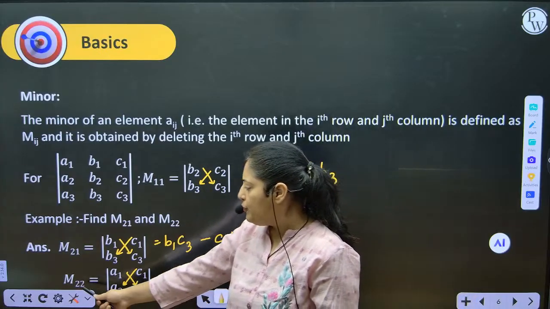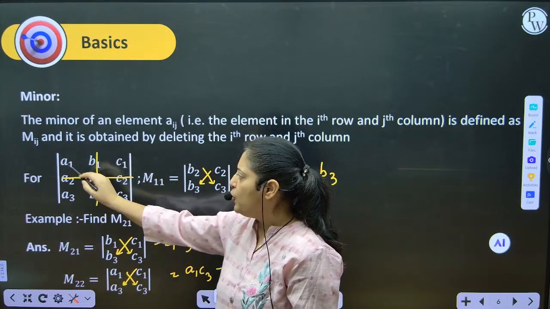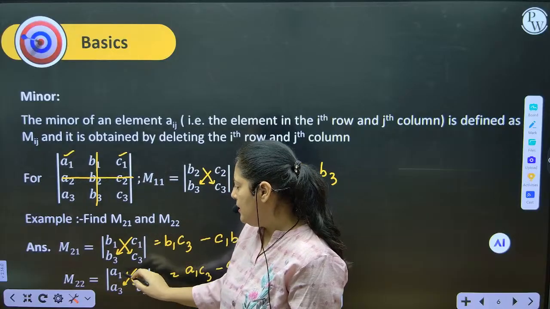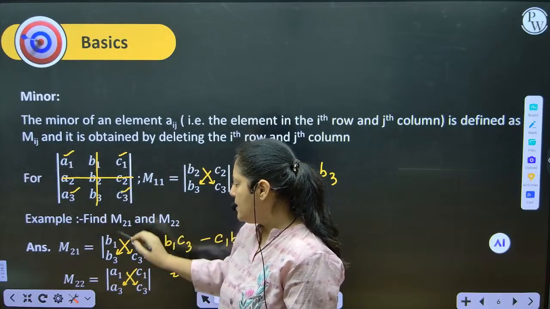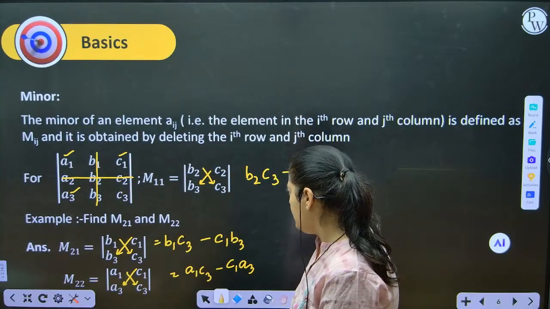Okay, so for M22, second row, second column, which 4 numbers are left? A1 C1, A3 C3. All right.